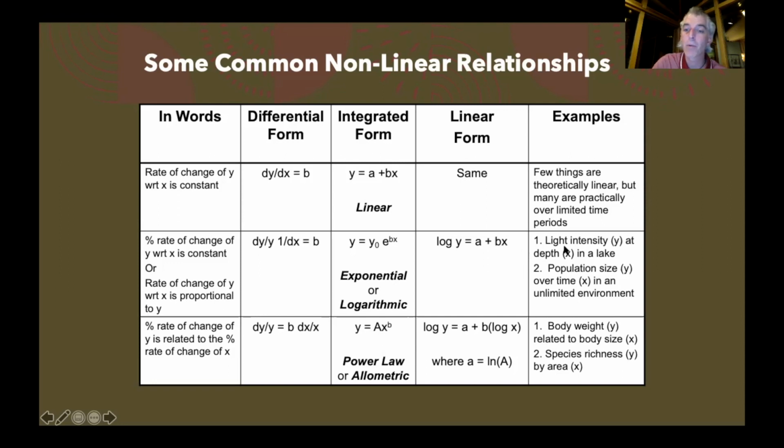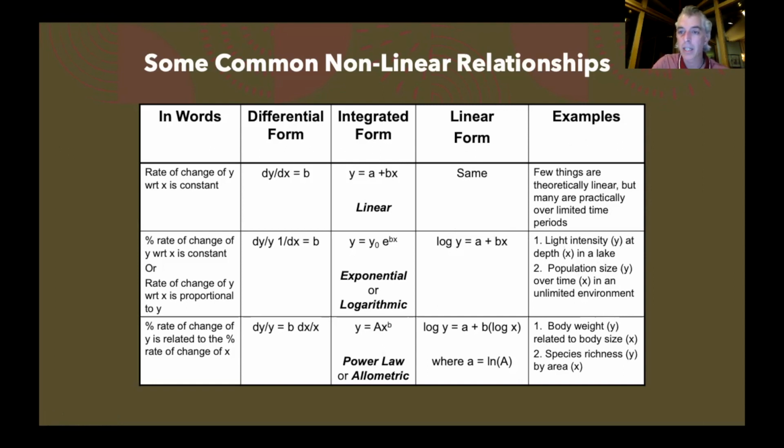So for example, we get an exponential decay in light intensity with depth in a lake, or population size might grow through time in an exponential way in an unlimited environment. And so we can use our general linear models in these cases that are fundamentally nonlinear by linearizing them and considering not the raw value of y, but the log of y as our response variable.